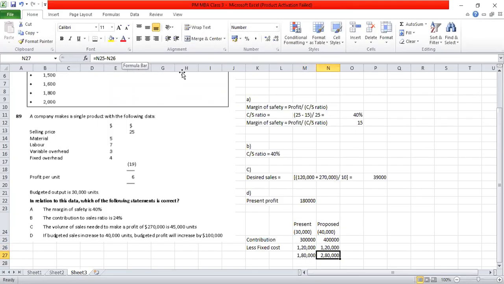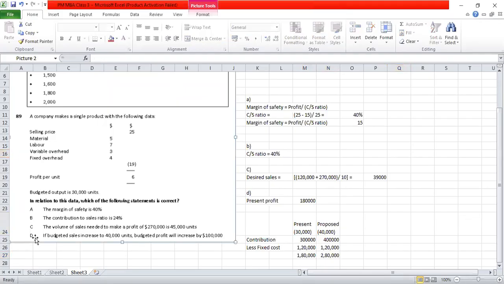I think it's correct. Increased by 100,000. Yeah. So D is the right answer.